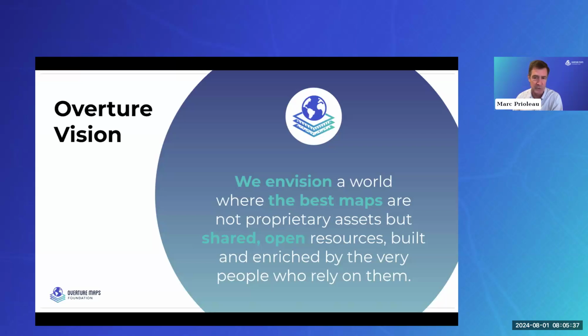The vision we have is that those maps are built best by the people who rely on them, because we can tap into not just the best sources of open data, but also the feedback and the signals that come back from those users. So that's the vision.